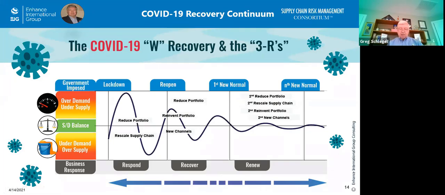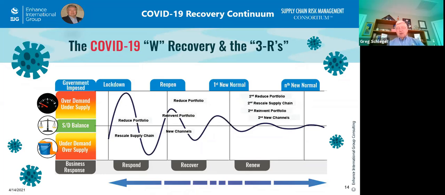On the top left, we have the over-demand and under-supply dilemma, and we'll talk about that in a minute. In the middle, we have our baseline, which is really supply and demand in relative balance. Wouldn't we love to have that today?